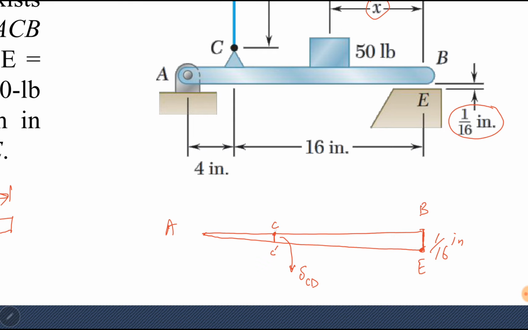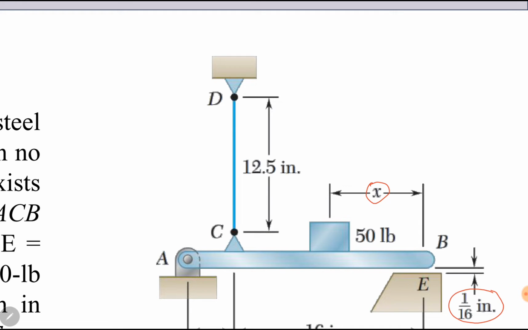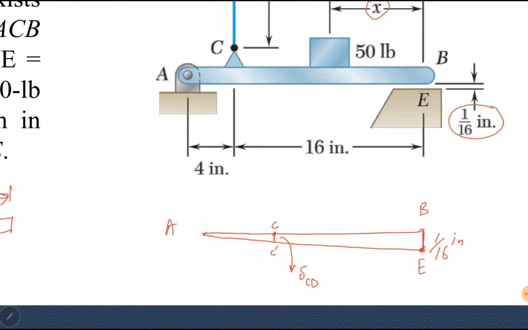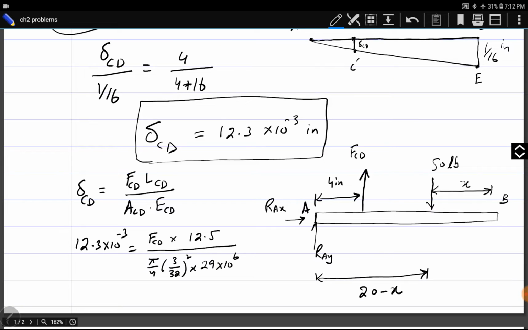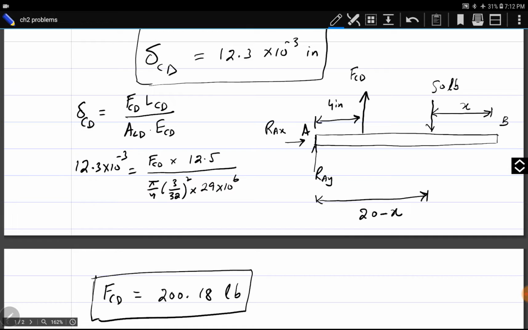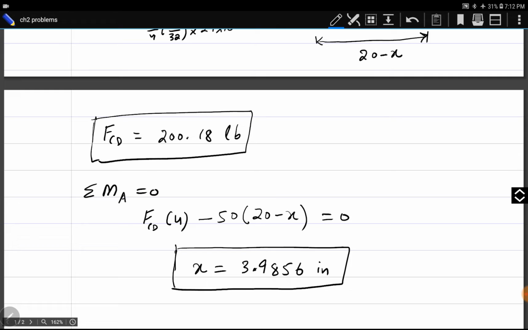For that, point C has to move from C to C dash. It means this wire CD has to elongate by a value of delta CD, which is equal to CC dash. We have calculated CC dash or delta CD using trigonometry. After calculating delta CD, we found FCD from the deformation expression, and using this free body diagram, we have calculated the distance x, which is the distance of the 50 pound load from end B.